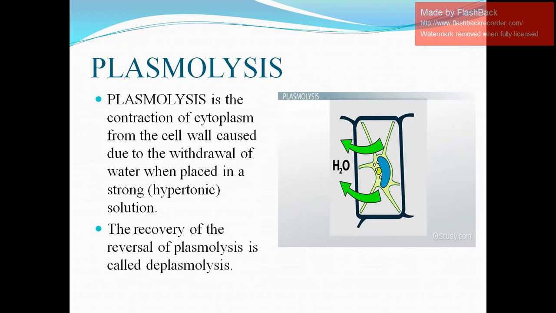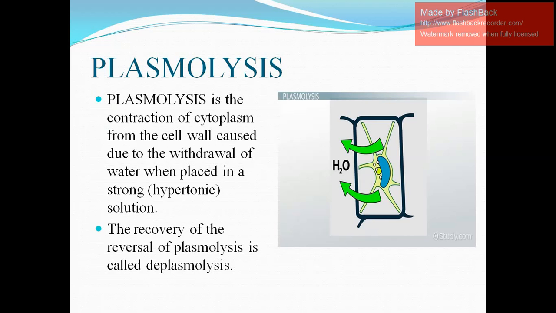Next we come to plasmolysis. What is plasmolysis? Plasmolysis is the contraction of cytoplasm from the cell wall caused by the withdrawal of water when the cell is placed in a hypertonic solution. A hypertonic solution has a huge amount of solute and less water.